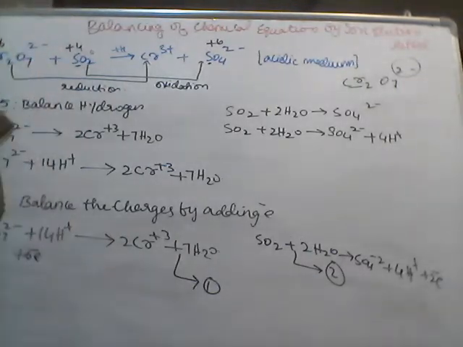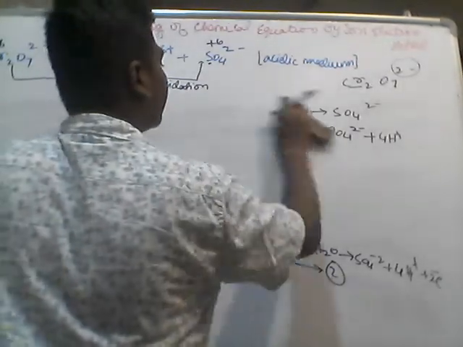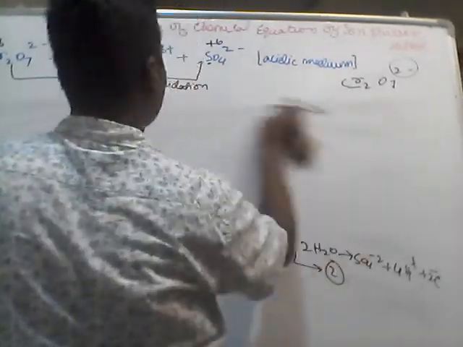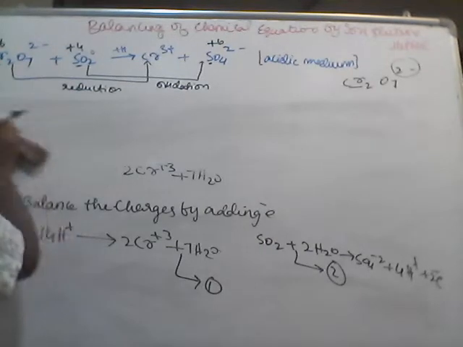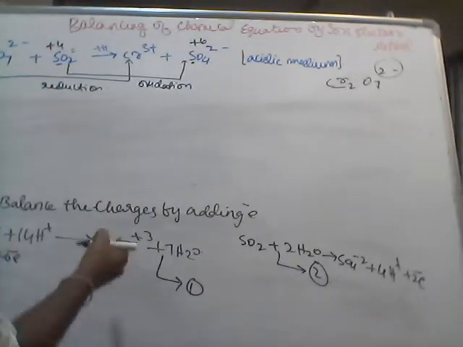Now the sixth step is combining the oxidation and the reduction halves, or combining equation 1 and 2. What's the equation 1 that we are having?